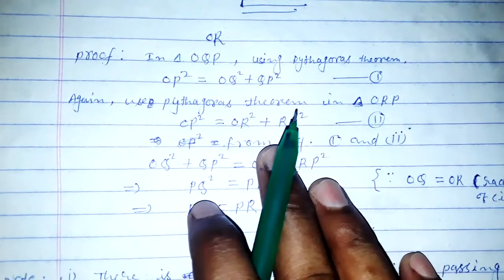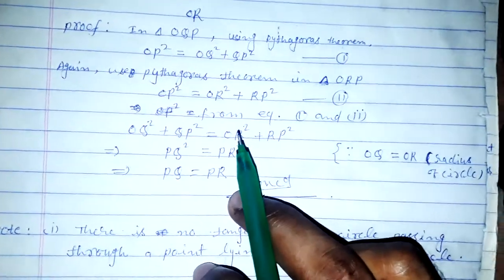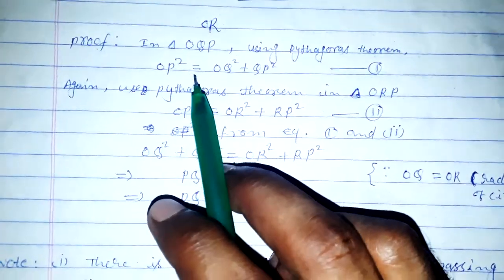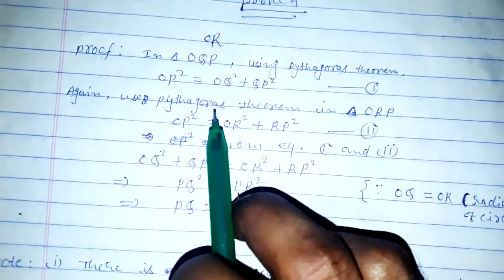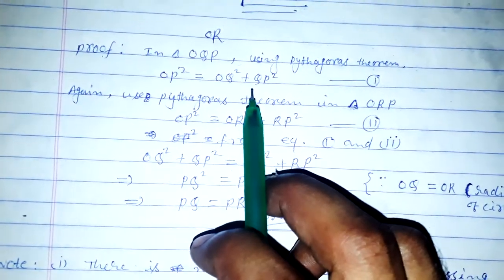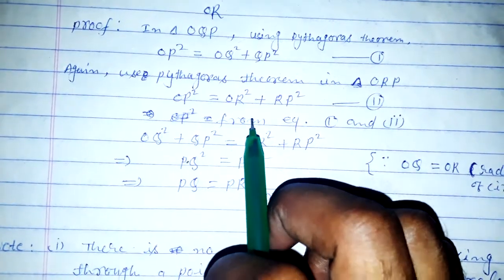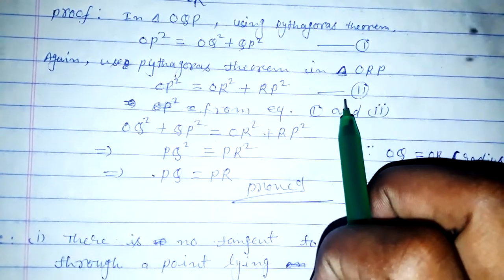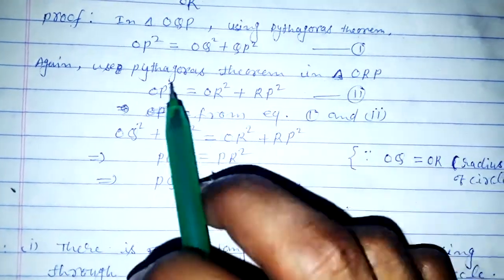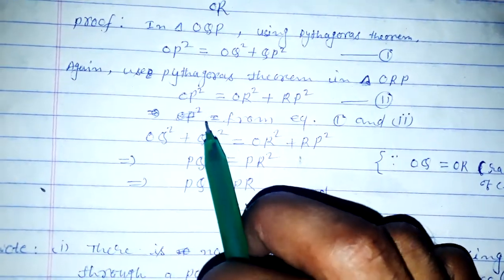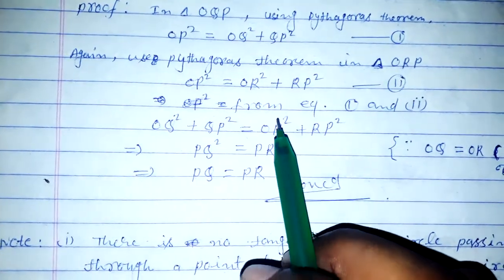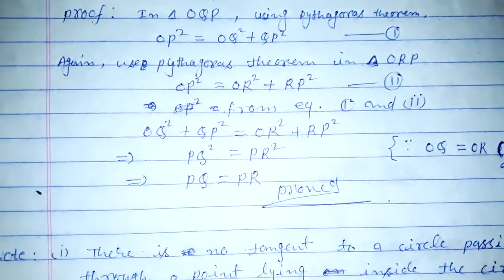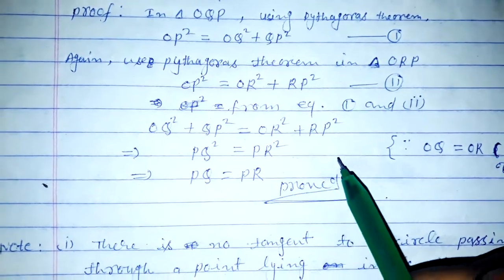On the other hand, we can prove this theorem by the Pythagoras theorem. In triangle OPR we use the Pythagoras theorem to get one equation, and again use it in the other triangle to get the other equation. From these equations the LHS are equal, so the RHS are also equal.